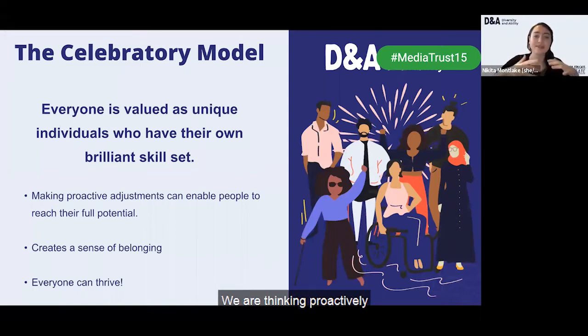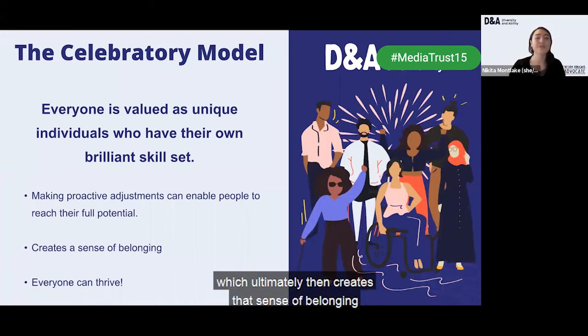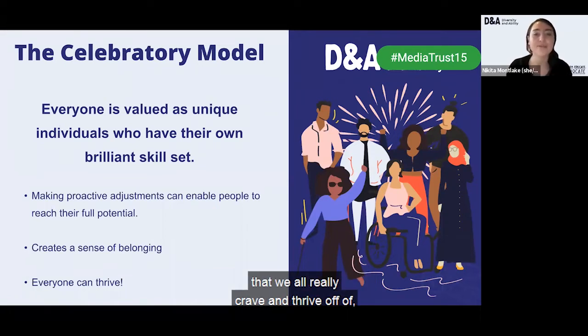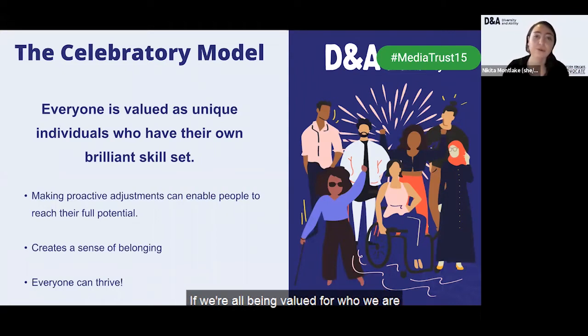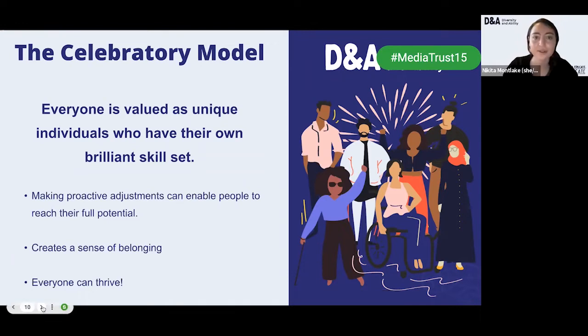We are thinking proactively about accessibility and inclusion, which ultimately creates that sense of belonging that we all really crave and thrive off of. And that develops that environment where everyone can thrive. If we're all being valued and recognized for who we are and what we bring to the table, then we will all thrive in that space.